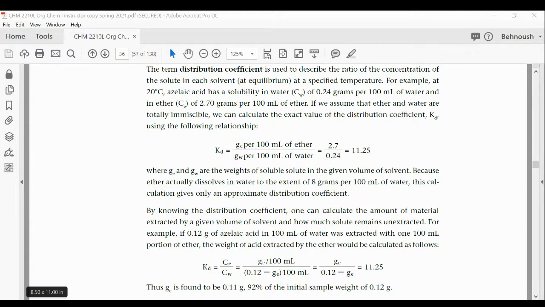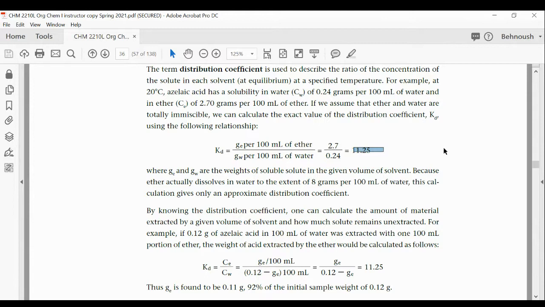When you say favorable solubility or distribution, you're talking about KD value. The higher the KD value, the better the solvent is. So what does this 11.25 mean? It means that this compound is 11 times more soluble in ether than water.